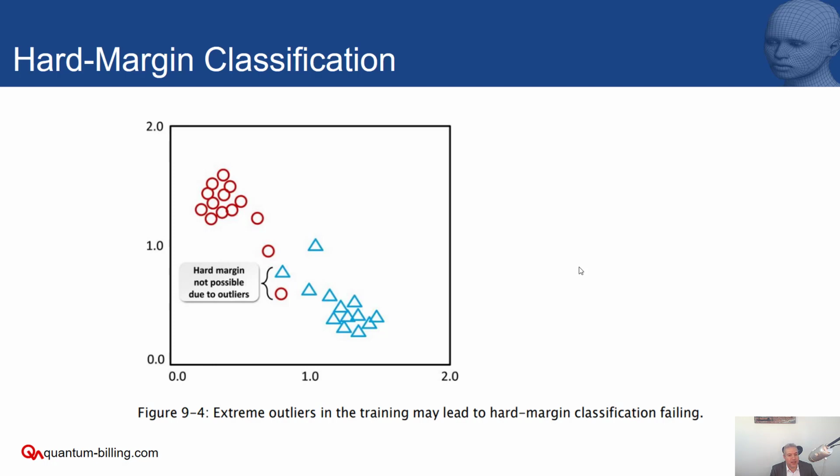Let's have another situation where our data is extremely close to each other. As you can see, our data is totally close to each other. Some data points are overlapping. The red data are overlapped with the blue data.